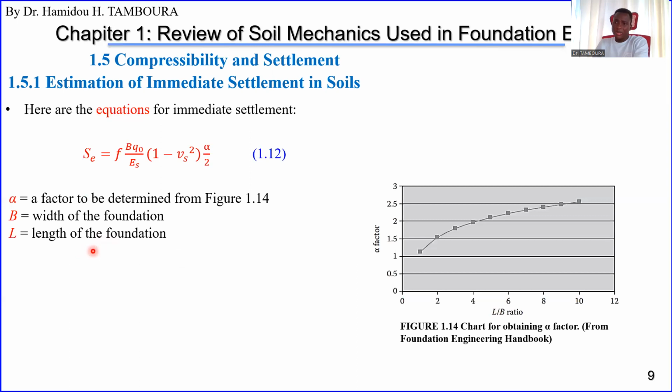So don't ask me, if it is a square footing, what will it be? It's very simple. This ratio will be 1. It will be here in that case. Q0 is the contact pressure, meaning the load, maybe this is surcharge. B times L is just the area of your footing, the surface.